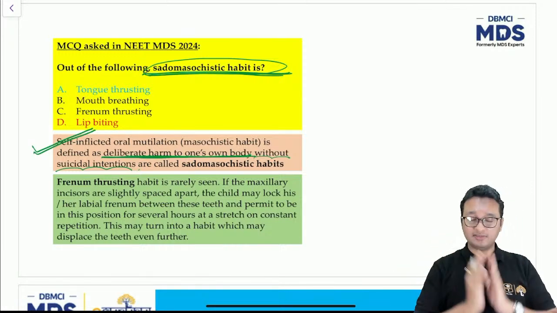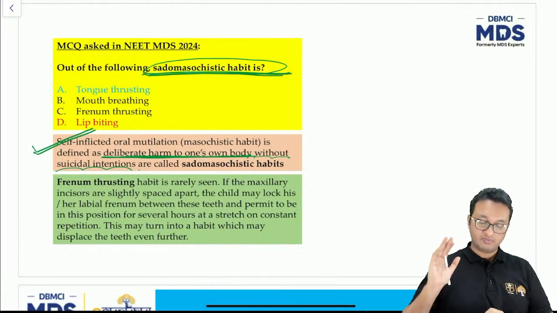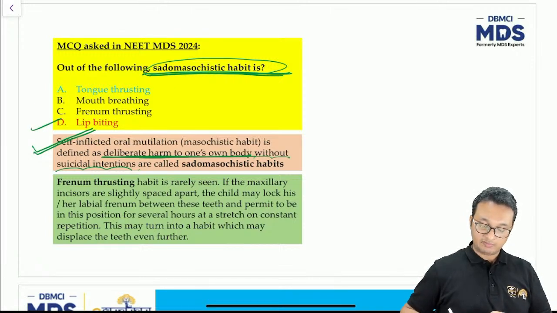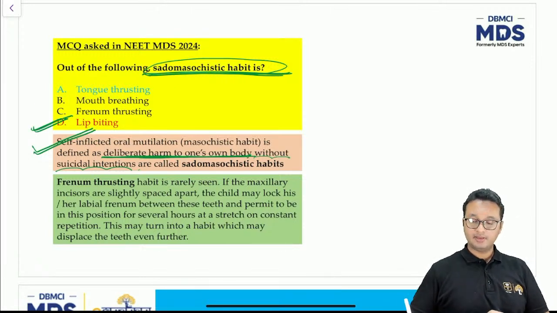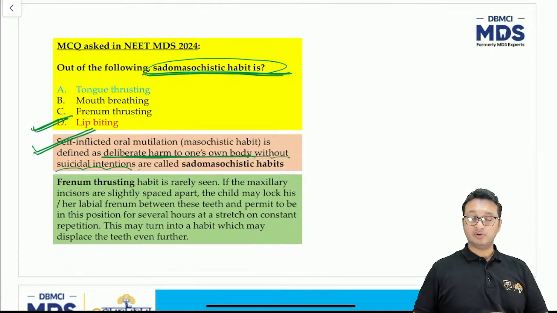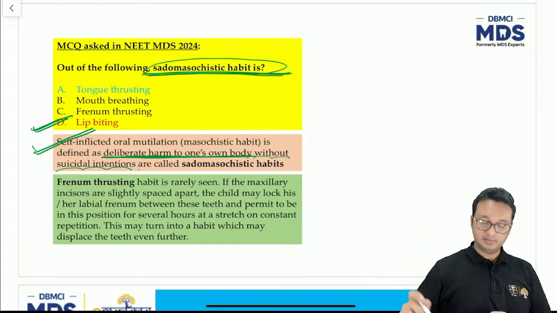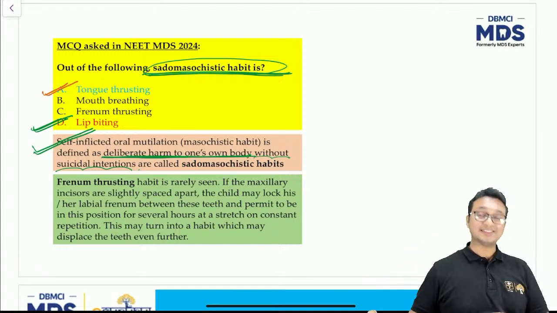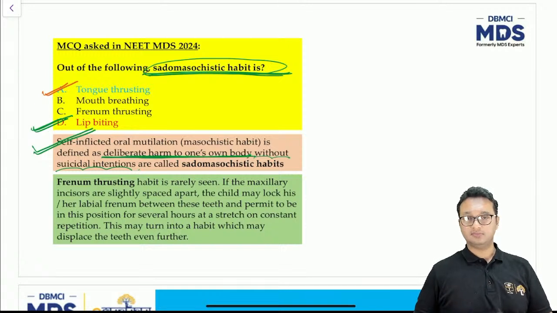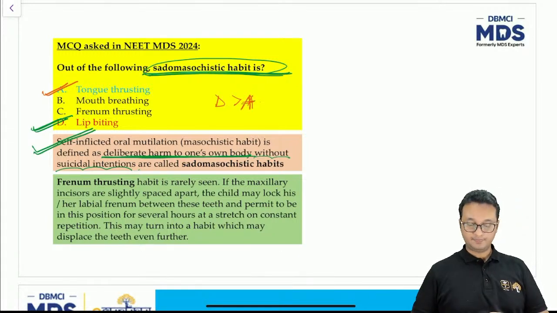If, please listen to me carefully, if lip biting was there in the options, without any doubt, lip biting would have been the correct answer. But certain students said that lip biting was not an option. So what should be the correct answer? If lip biting is not the answer, tongue thrusting is the second best answer. Okay? So D is greater than A. I mean, D is a better answer than option A.